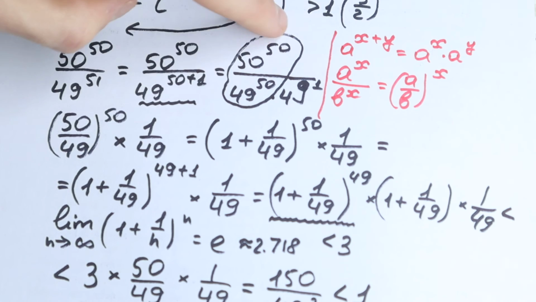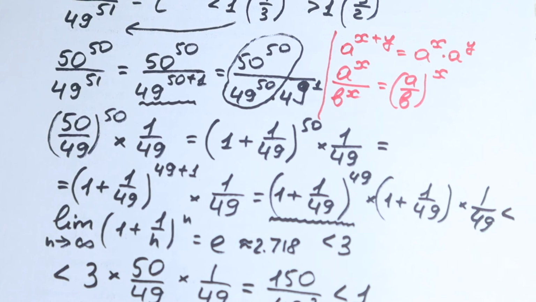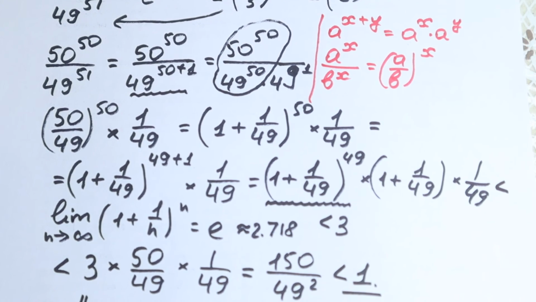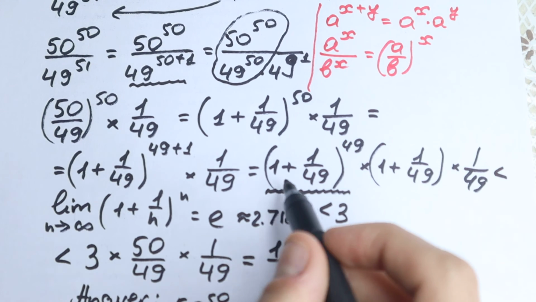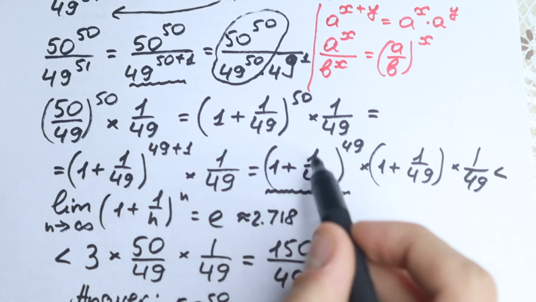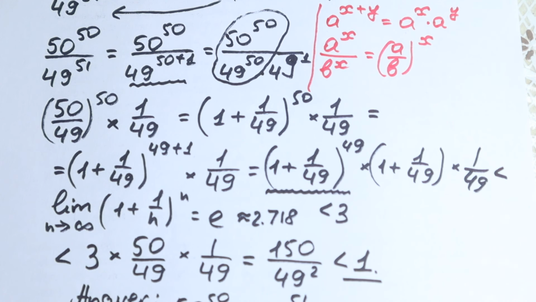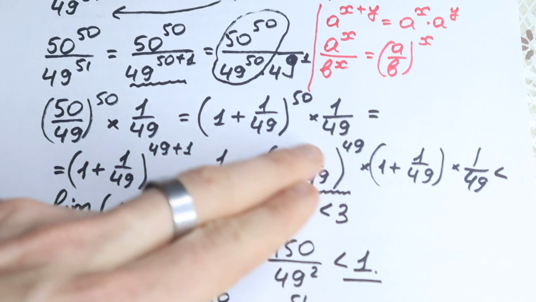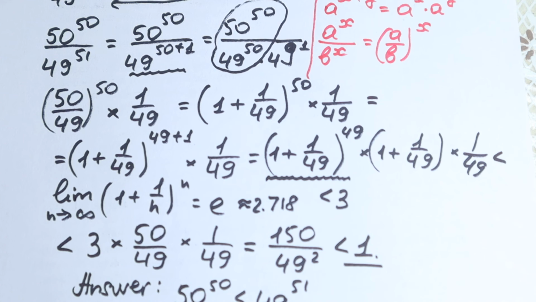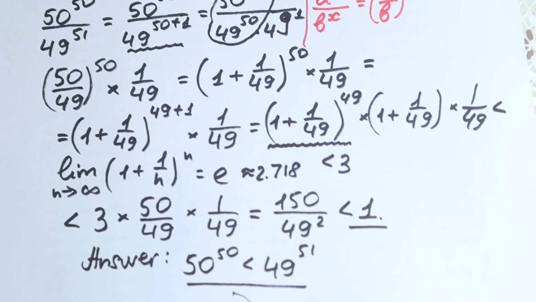Right here we apply the first rule, then group and divide. Of course, you need to know about limits a little bit, because if you don't, you won't be able to say anything about this sum right here. And if you know a little bit about limits, you know that this expression is less than 3. So these are my thoughts about it.